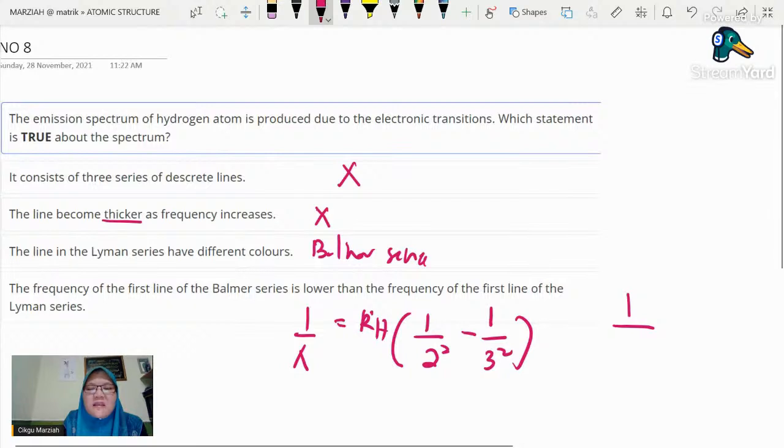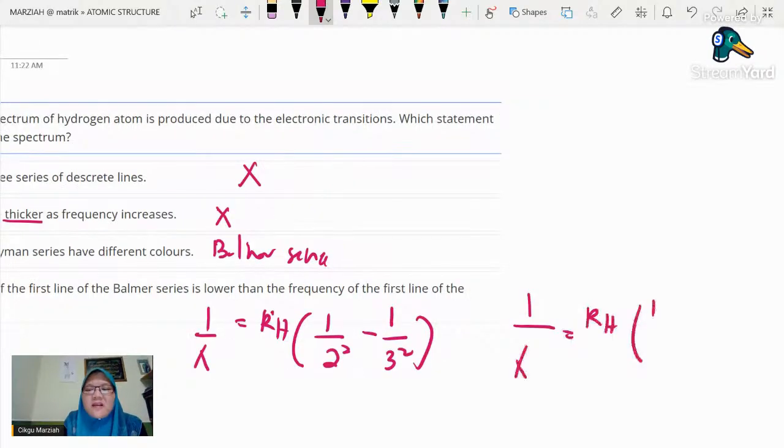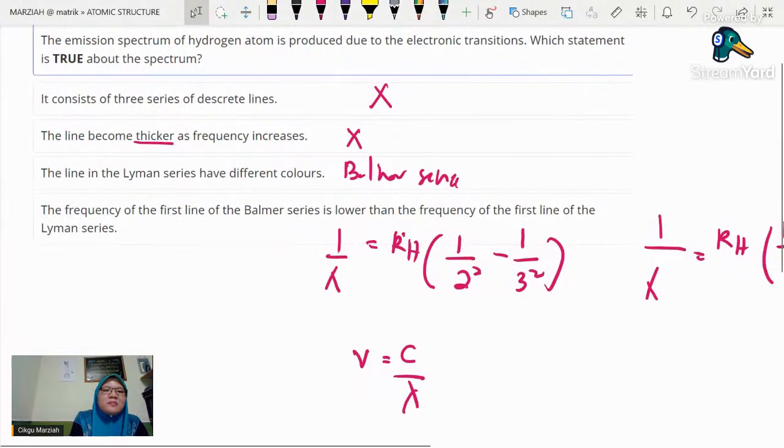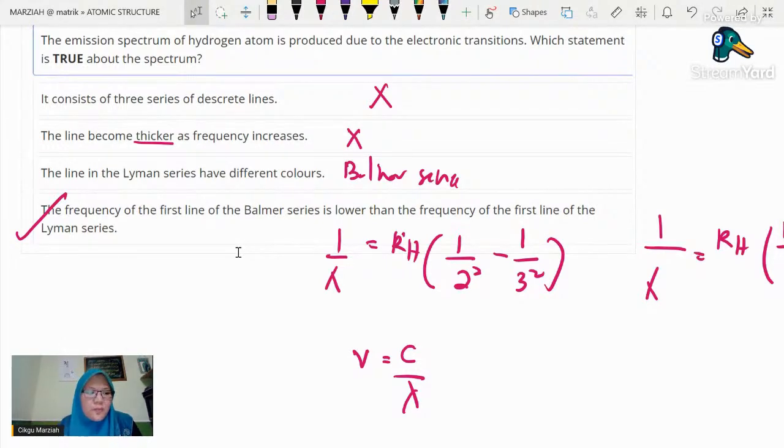You akan dapati statement tu betul. This is if you want to prove lah. Okay, so that we will dapat 1 over lambda, frequency is C over lambda. Then you can convert. You akan dapati this statement yang betul. Okay, frekuensi yang first line of Balmer lebih rendah daripada Lyman. Okay, yang you boleh cuba kira untuk proofkan.